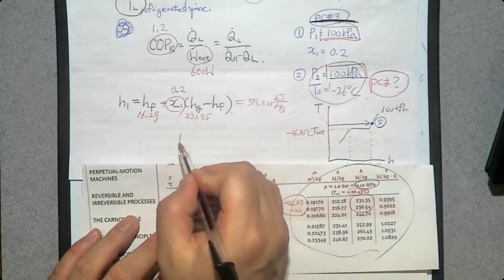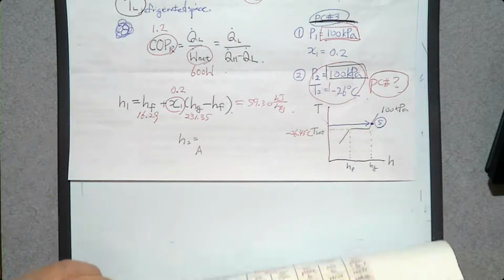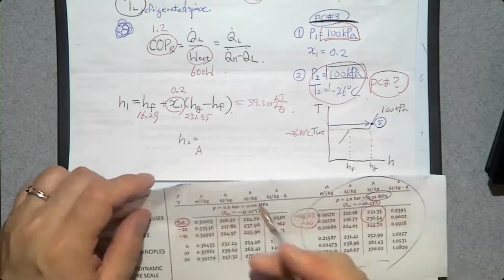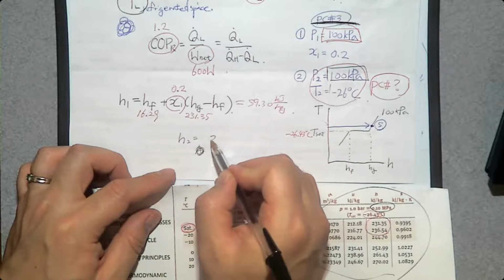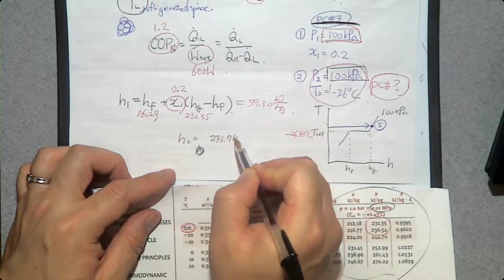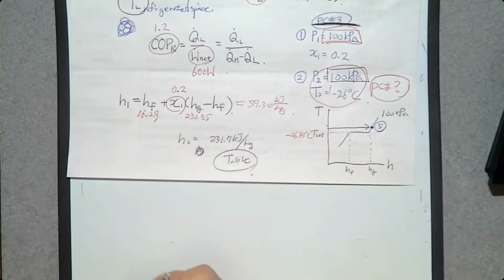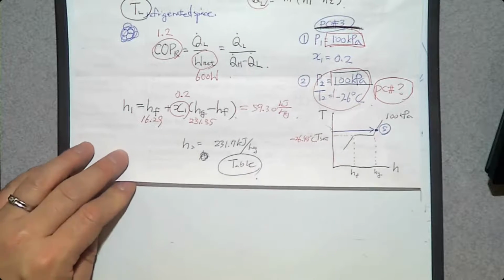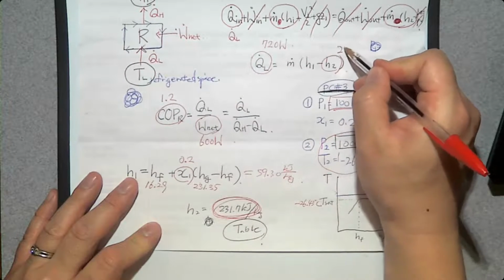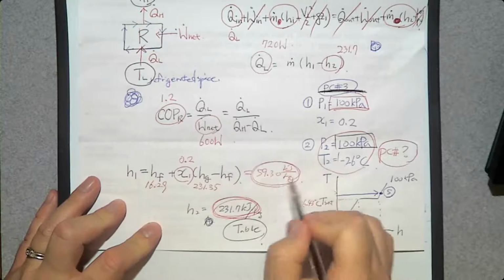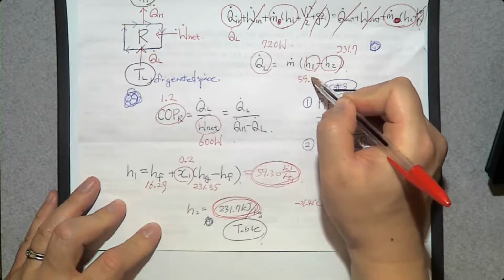And h2 is going to be 231.7 kilojoule per kilogram, directly from the table. Then this number goes up here, 231.7. This number goes here, 59.3.